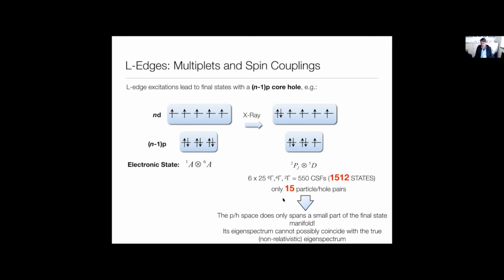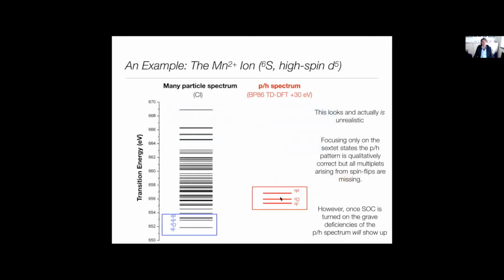And so if you actually do the calculation and diagonalize the many particle Hamiltonian, that is your eigenvalue spectrum. That is what's observed in the experiment, and that is a particle hole spectrum from TDDFT. And you see that this one and this one have nothing in common. Then it's absolutely impossible to calculate a realistic L-edge spectrum of an open shell transition metal using TDDFT.